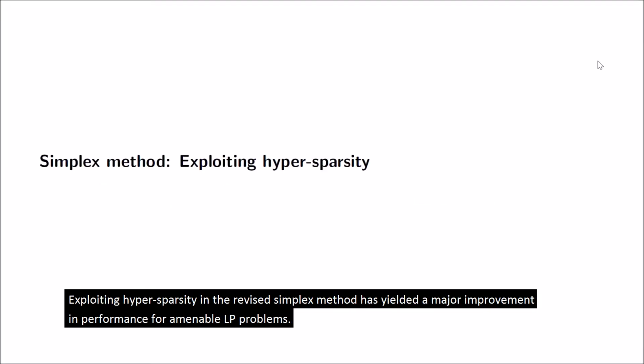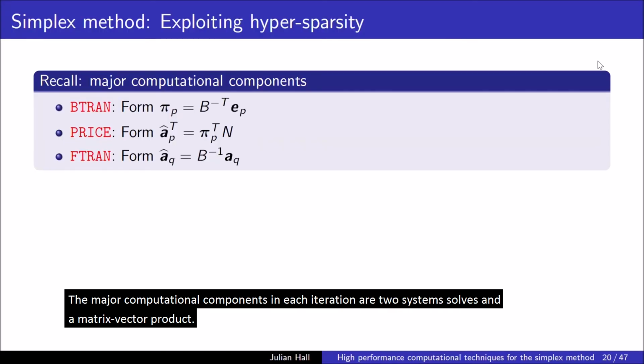Exploiting hyper-sparsity in the revised simplex method has yielded a major improvement in performance for amenable LP problems. The major computational components in each iteration are two system solves and a matrix vector product.